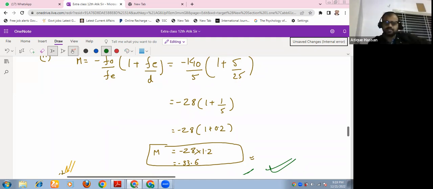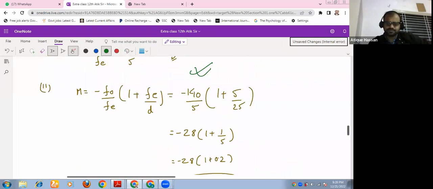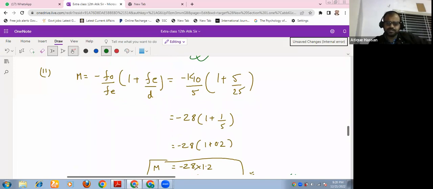So in hurry, sometimes we give the unit to the magnifying power, and whole of our effort goes wrong when you are getting a unit in your answer. You must be careful. Got it? Should we move ahead? Yes, sir.